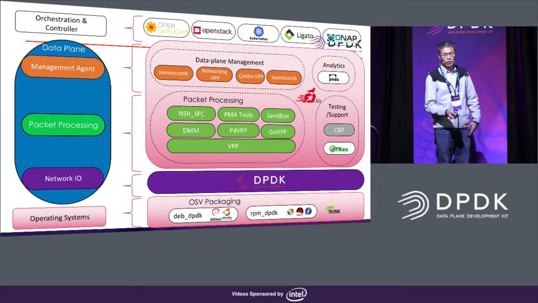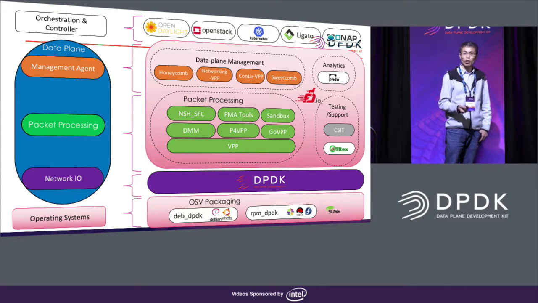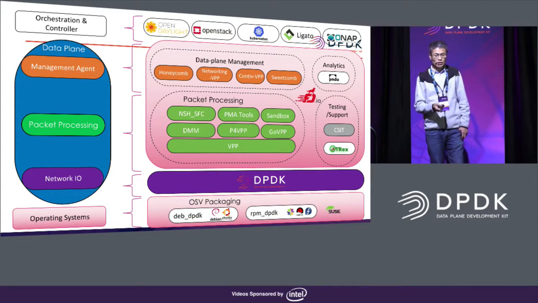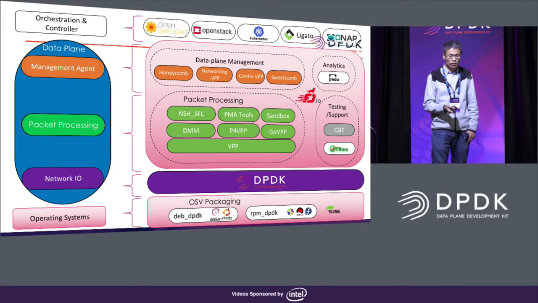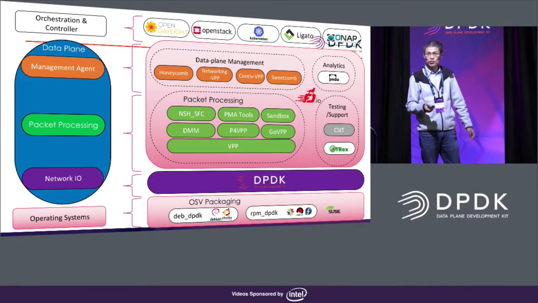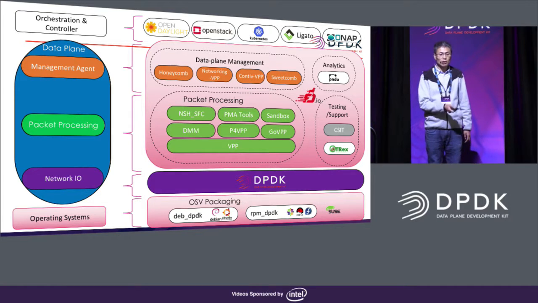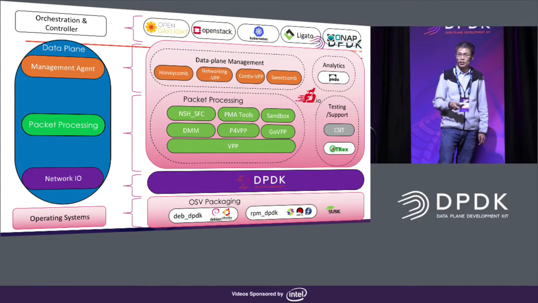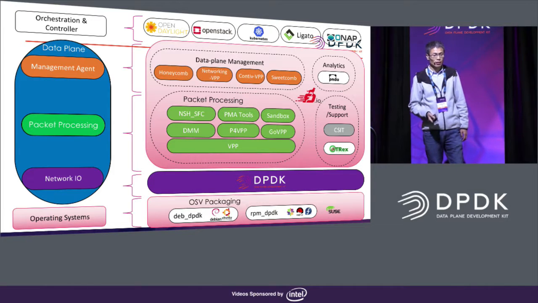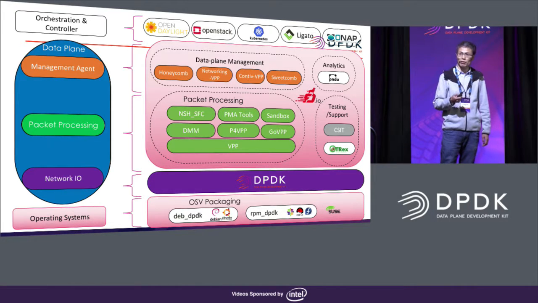On the bottom is the packaging system for different operating systems, such as Ubuntu, CentOS, Debian, and lots of others. On the network I/O layer, it's the DPDK poll mode driver, to accelerate the interface performance.